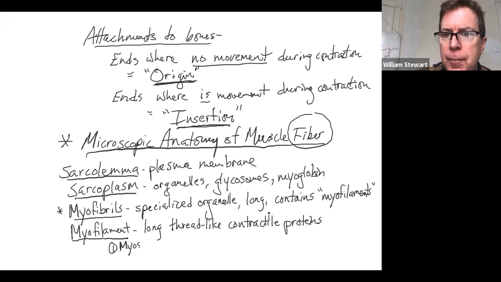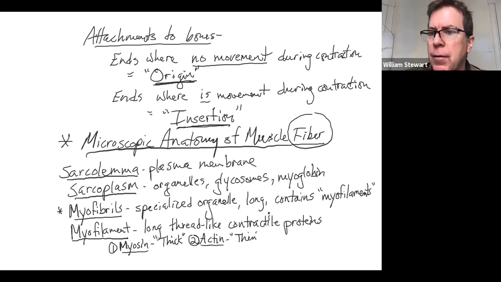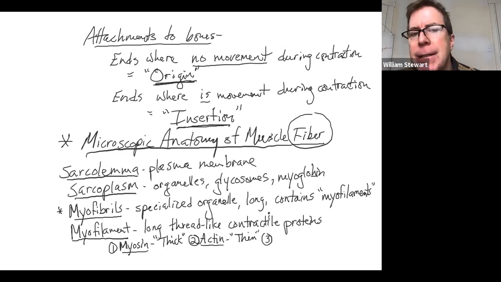1, myosin. We call this the thick filament. 2, actin, that is known as the thin filament. And the third one, some books refer to it as titin, T-I-T-I-N.